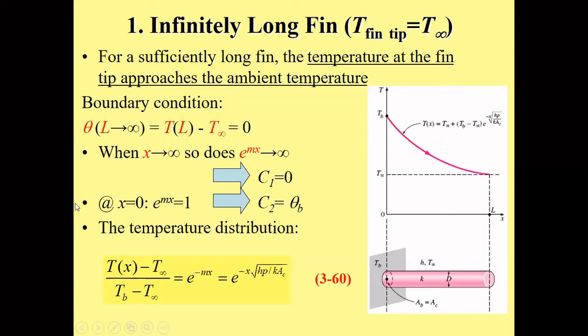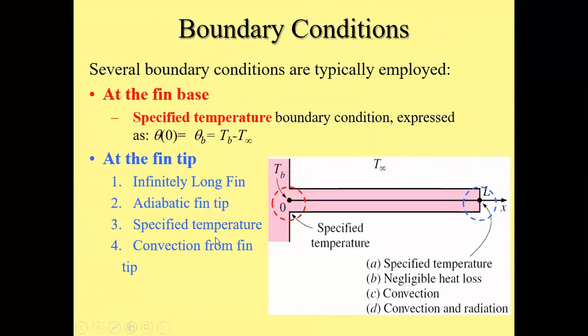Then at x equal to 0, this term becomes 1, so you get C2 equal to the base temperature difference, theta B. You can prove this by yourself. You substitute into the general solution.